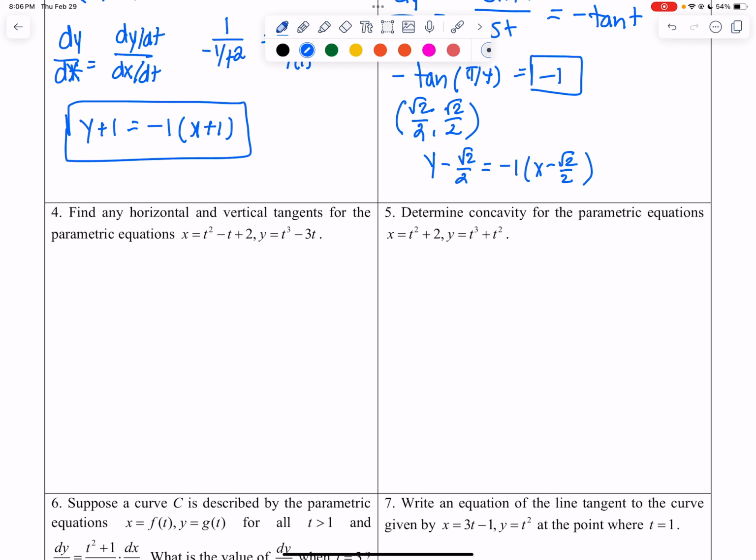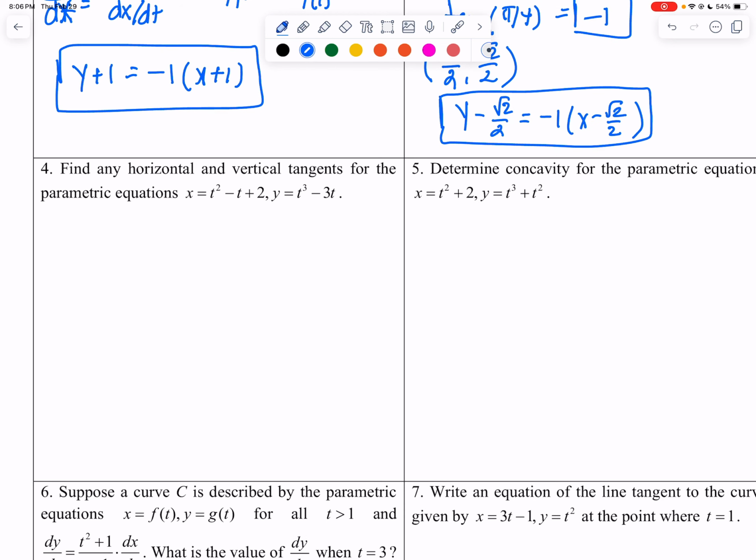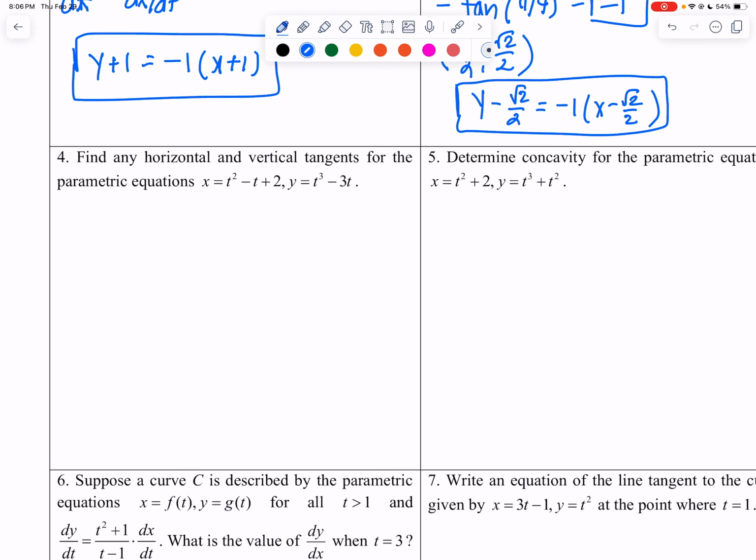Number 4 says find any horizontal and vertical tangents for the parametric equations x is equal to t squared minus t plus 2 and y is equal to t to the third minus 3t. All right, so once again, we want to find tangents, so we are going to be taking the derivative separately. In this case, remember, if I want horizontal tangents, this means that I am going to be taking the derivative of y with respect to t.